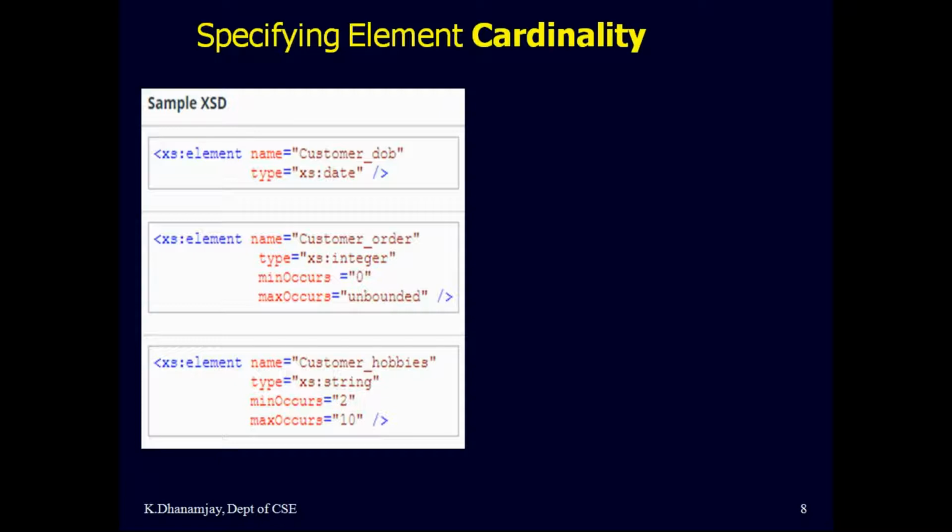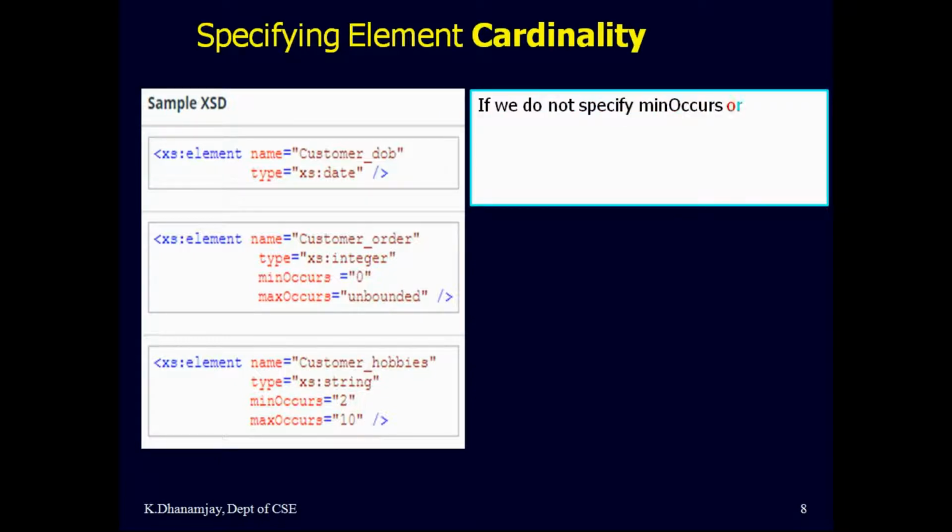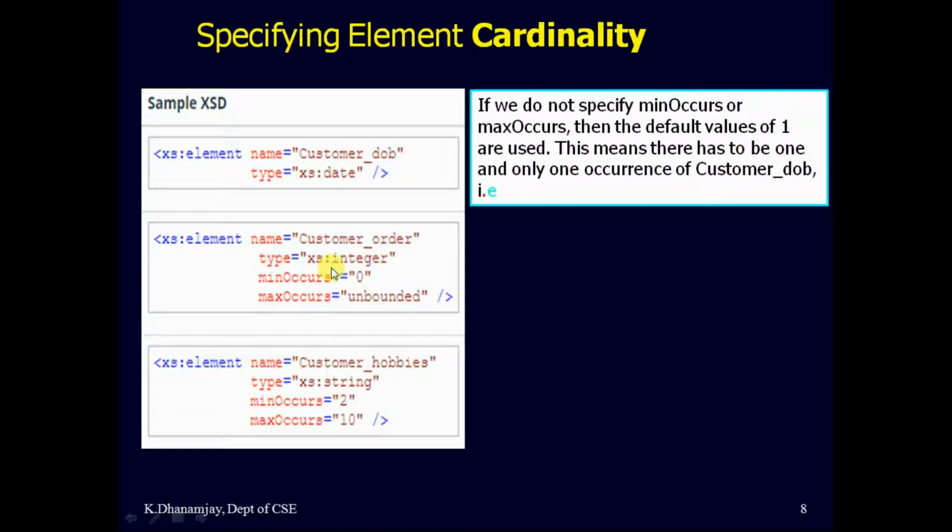It's mandatory. Okay, and here you can have another look, that is name customer order, type XS colon integer, and minOccurs and maxOccurs unbounded. If we set minOccurs to 0, then the element is optional. Here a customer can have from 0 to an unlimited number of customer orders.